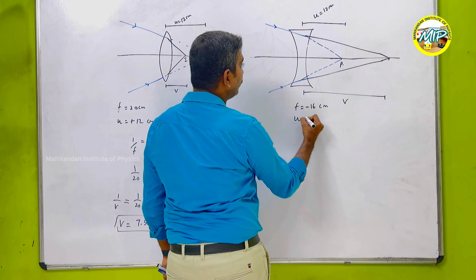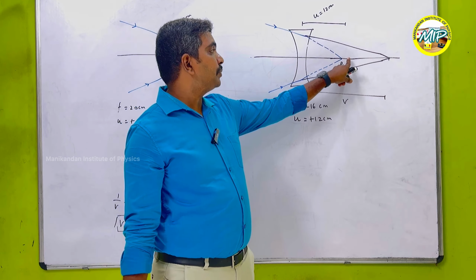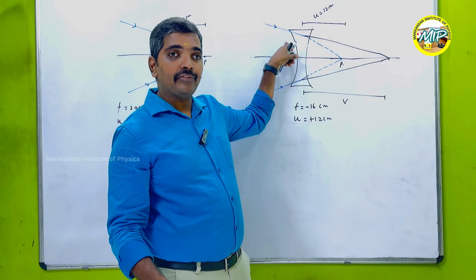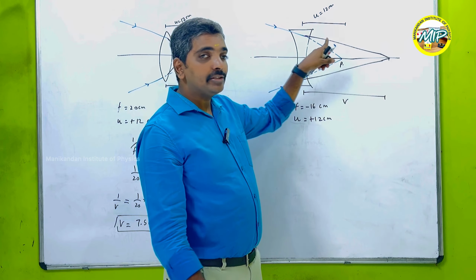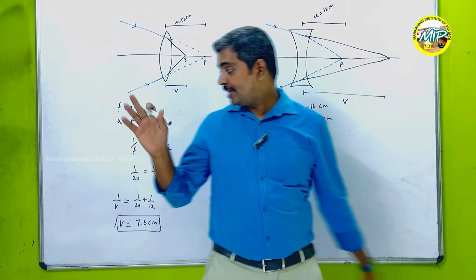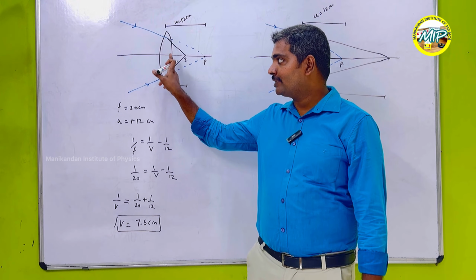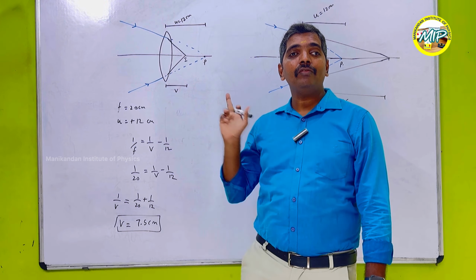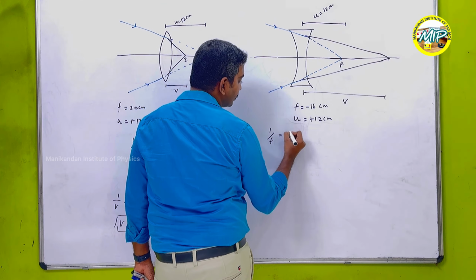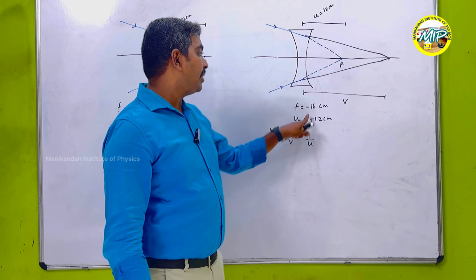In this case, my U is going to be plus 12 centimeters. Here, my image at point P acts as an object for this lens. So my image is on the right hand side, and my object is also on the right hand side. Both should be positive. In this case also, U is positive and V is positive, so both image as well as object are on the right hand side of the given lens. So in this problem, I can simply solve 1 by F equals 1 by V minus 1 by U. Sir, why are you taking minus 16?